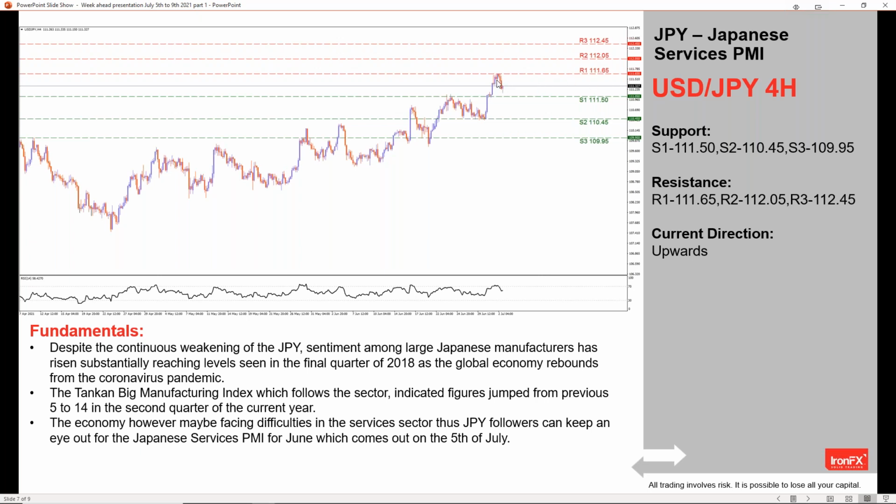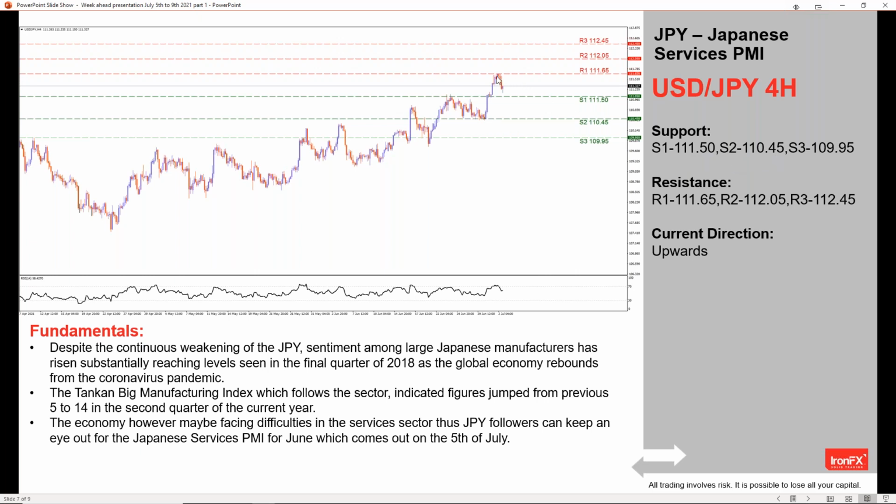So I would say that it's quite relevant to recent price action, and it could prove difficult to breach. On the downside, we have the S1 111.50, and even lower the S2 110.45.